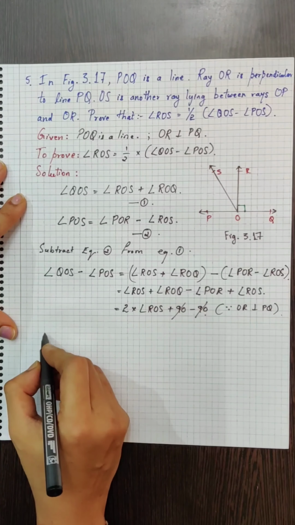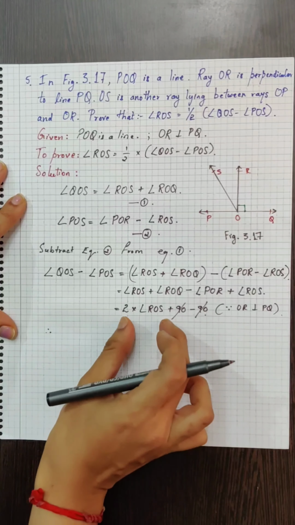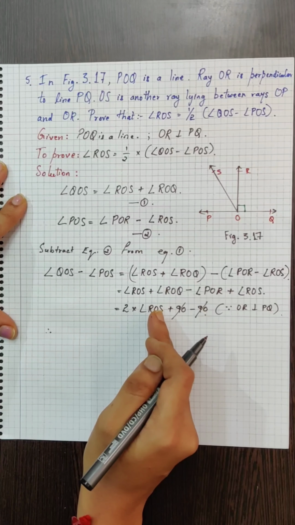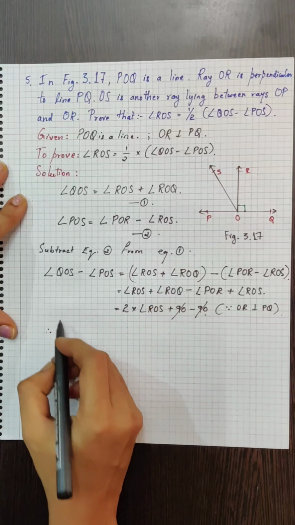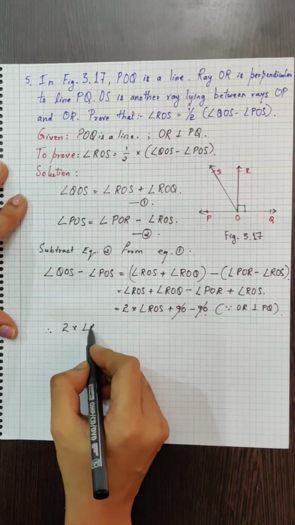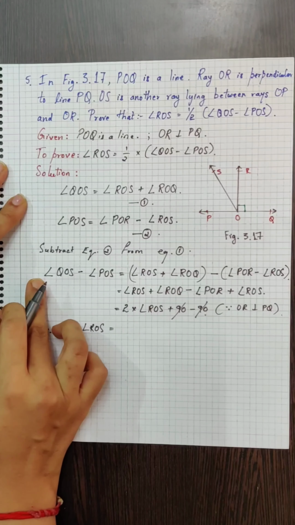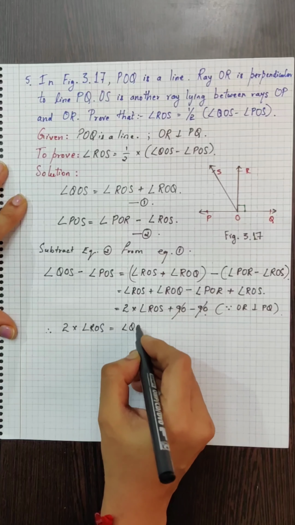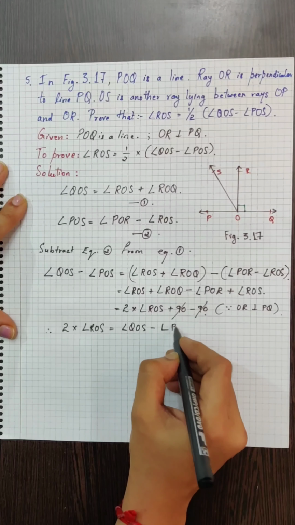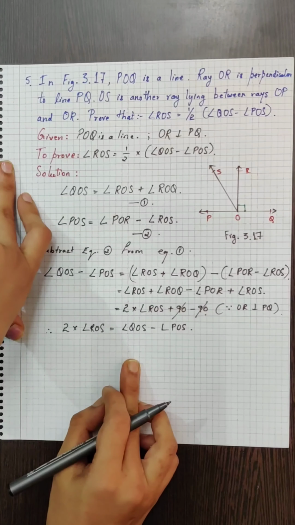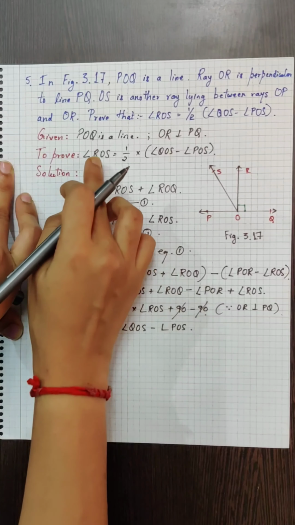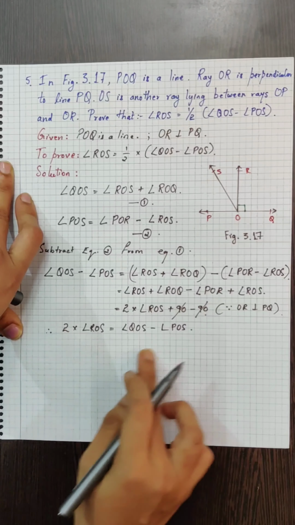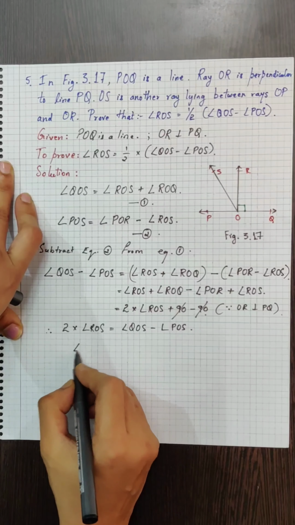So what is remaining? Whatever is present on the right hand side in the equation right now, I'll write it on the left hand side. That is 2 into angle ROS is equal to whatever is there in the left hand side, I'll write it in the right hand side: angle QOS minus angle POS. What we have to prove is ROS, so I'll just bring this 2 to the denominator here.